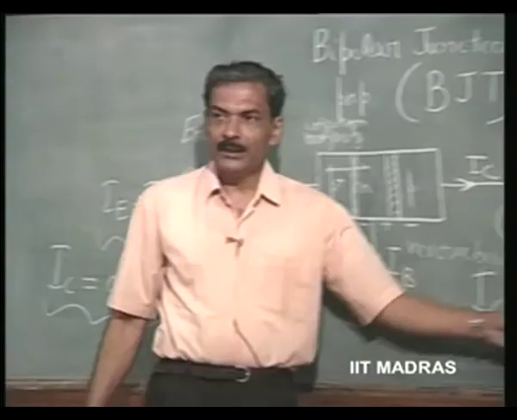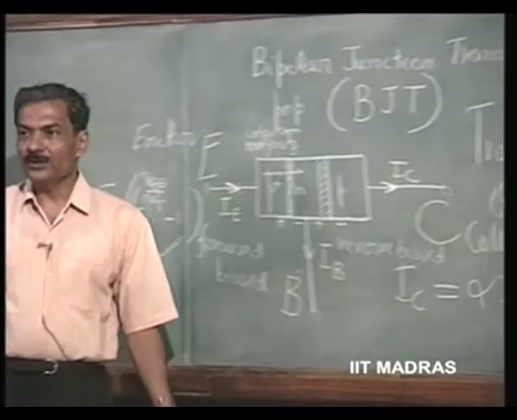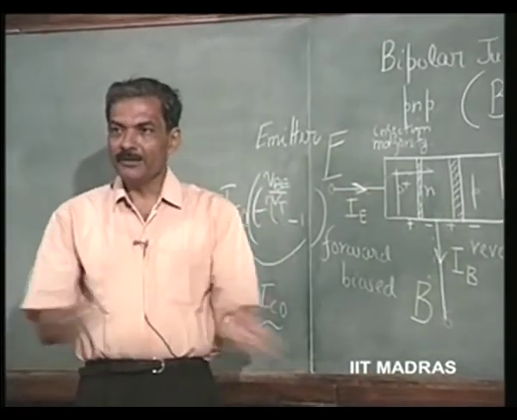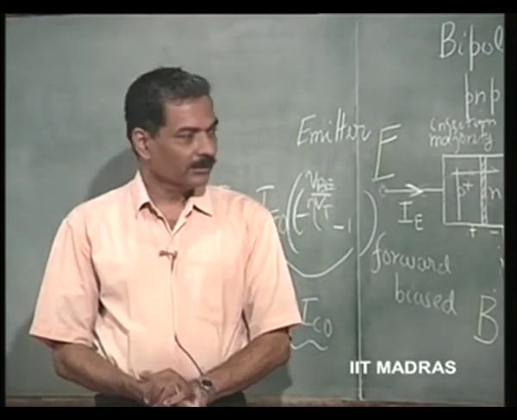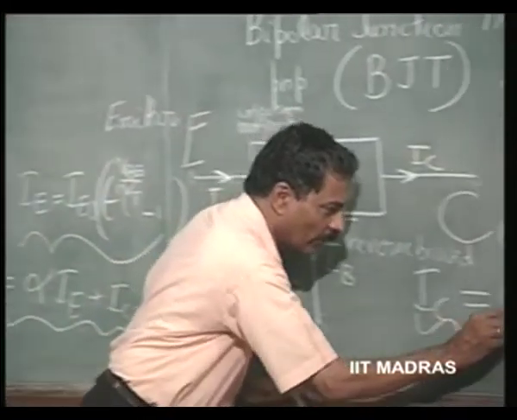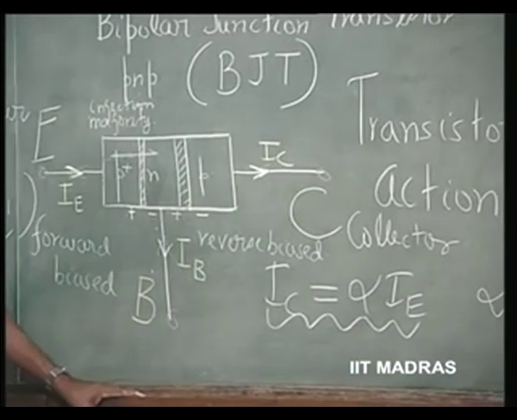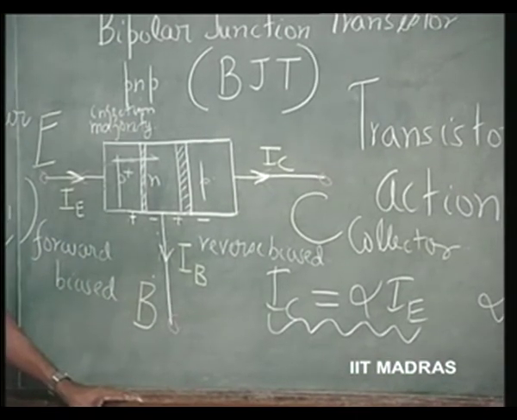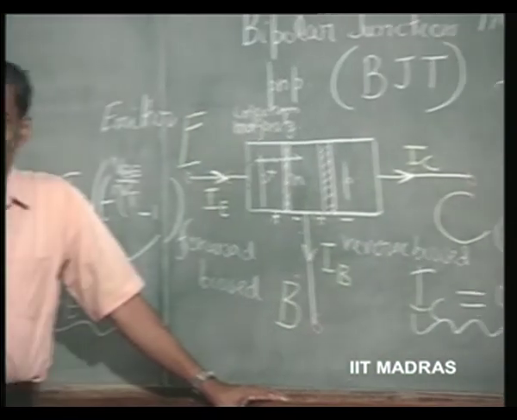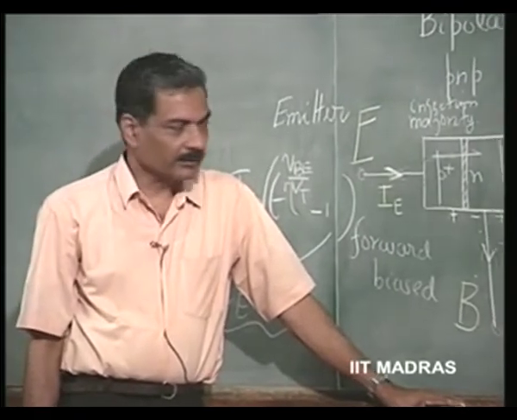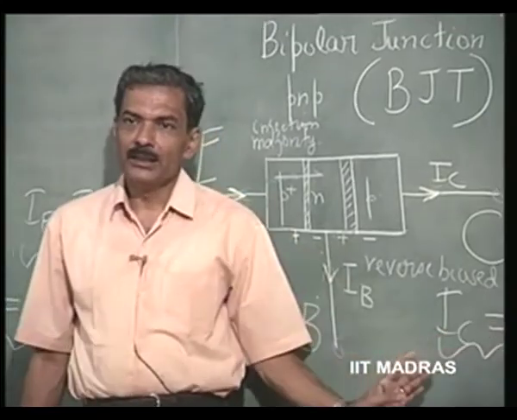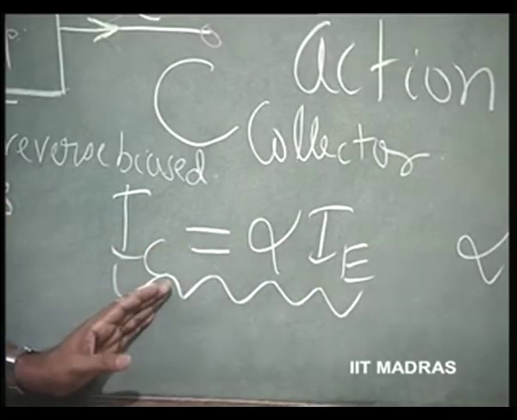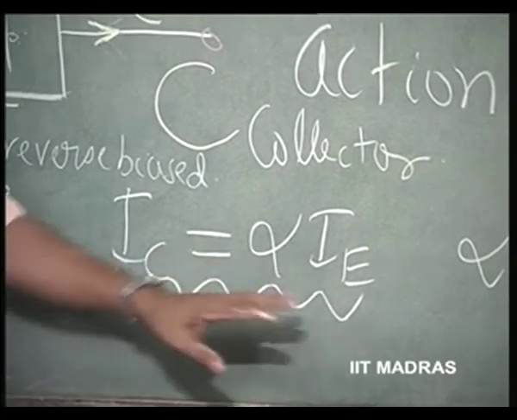This is absolutely linear, and this linearity is valid over a wide variation in current. This is a great advantage associated with this device, which is a bipolar junction transistor. So, the current relationship is absolutely linear. This is important. Basically this is a current amplifier.